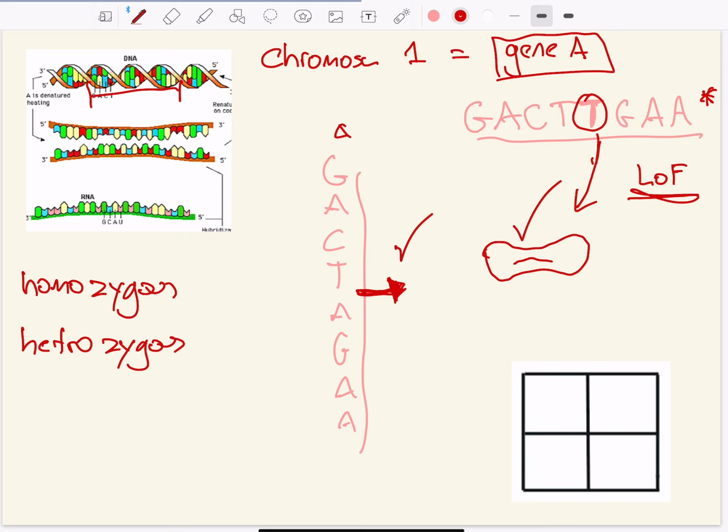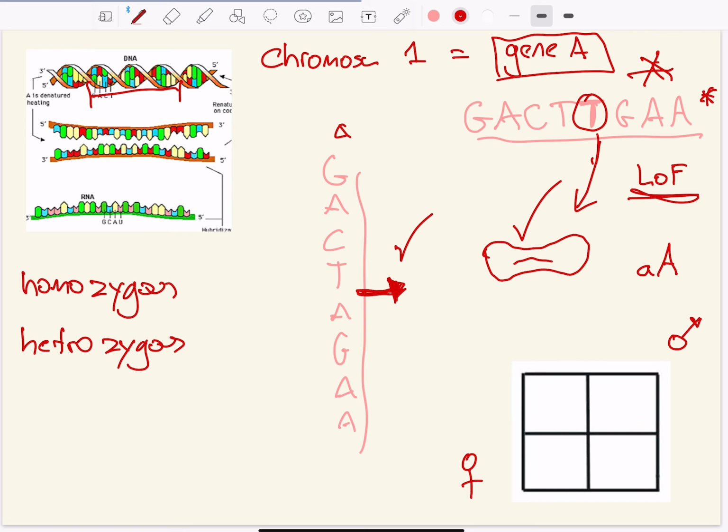So let's just put this out here. So we're going to put, for the gene, it's called gene A. Let's call the functional gene A little a, and the dysfunctional one the big A. So because this is coming from Dad, we'll call Dad up here, and we'll call Mum down here. So this is the chances of offspring from Mum and Dad.